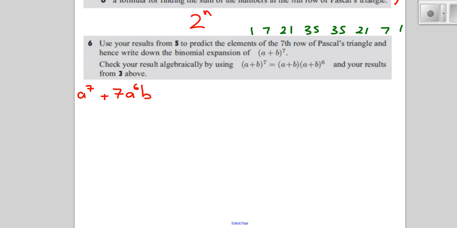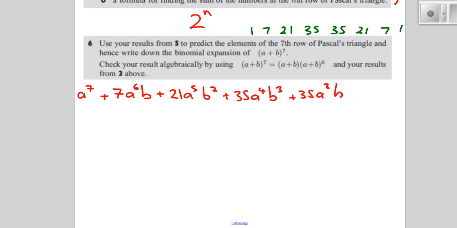Second term, we can just say what would be the whole third term, sorry. 35. Yeah. The next one, we'll see the pattern. Yeah. And the next one. Yeah.